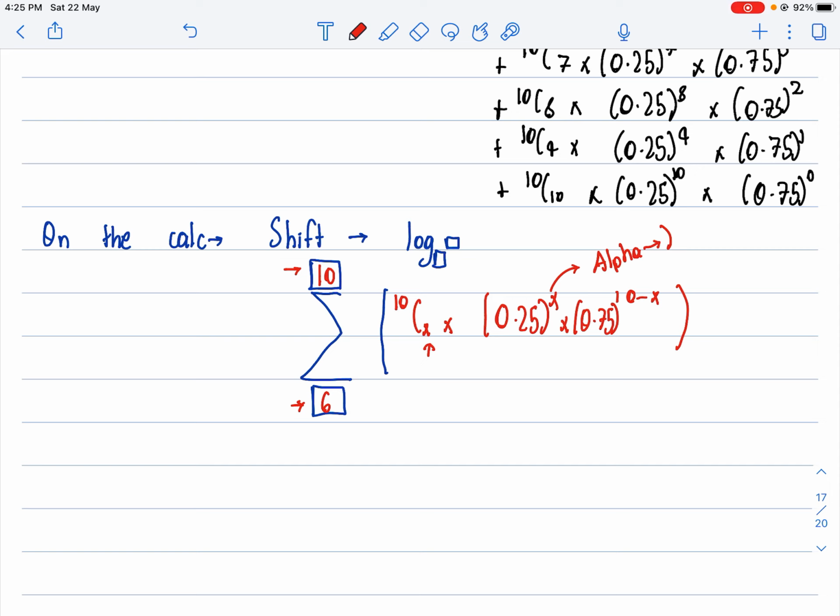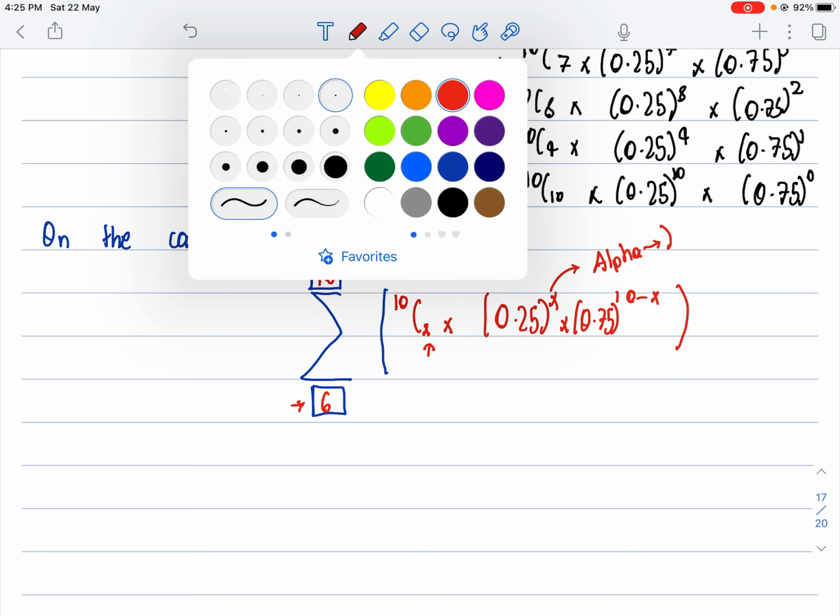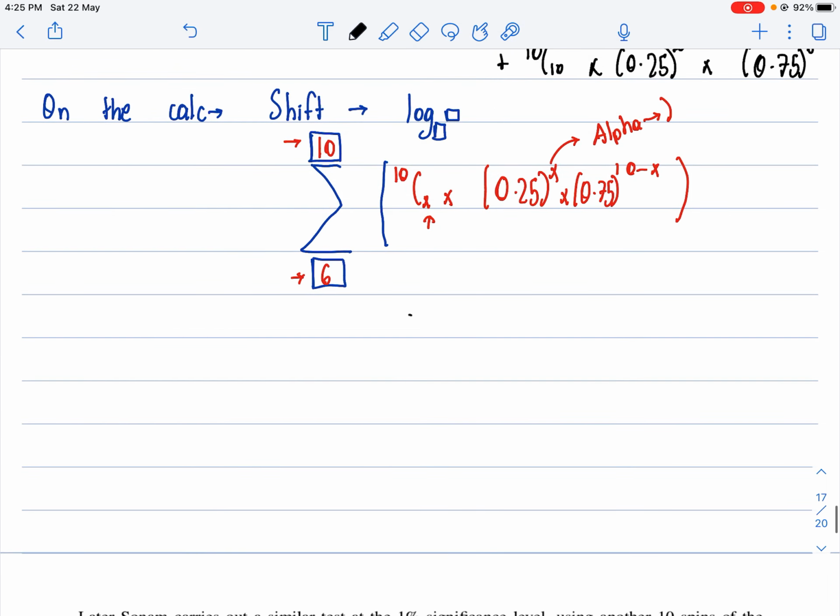Type this in the calculator: 0.75 raised to 10 minus x with 6 to 10. When you click on equal to, you get your answer as 0.0197, which is the final answer of the question.